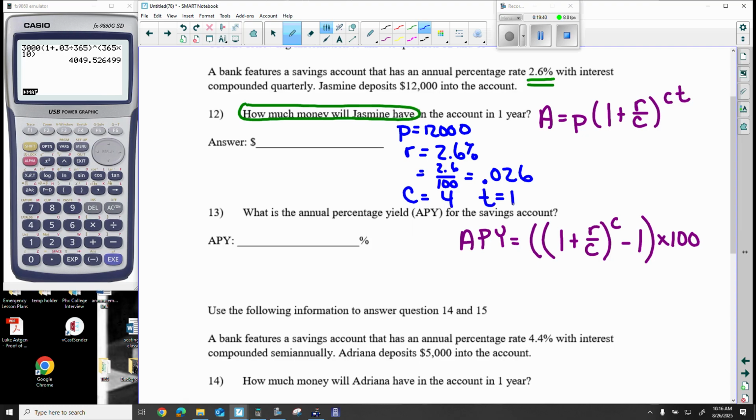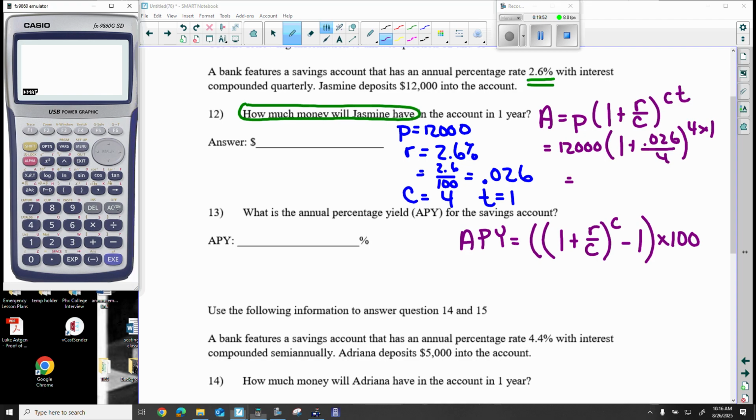Putting those numbers in place, we see that we'll end up with 12,315 and 6 cents.